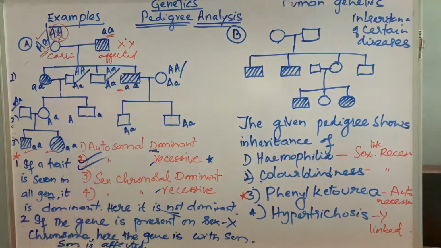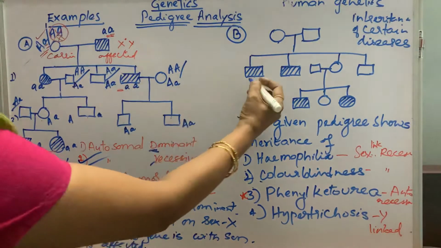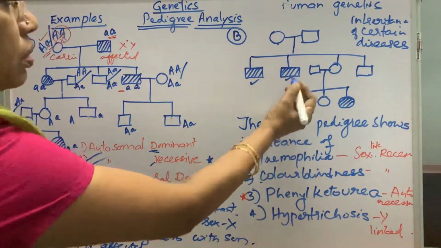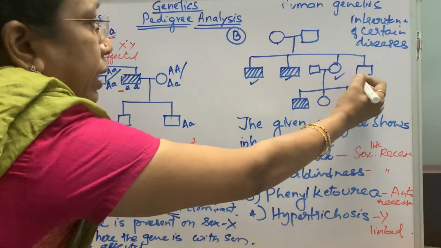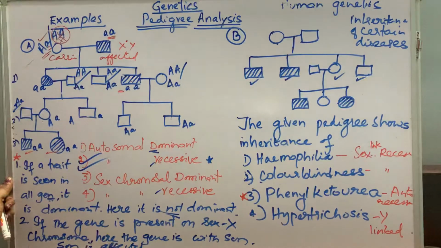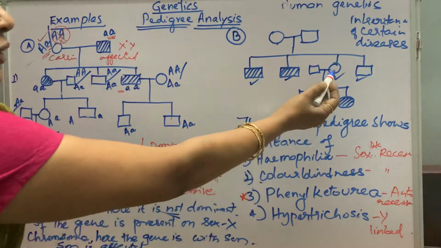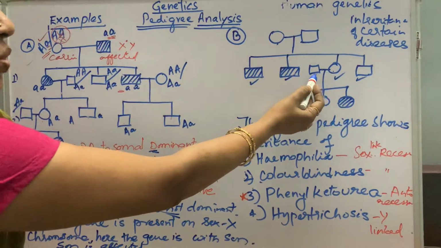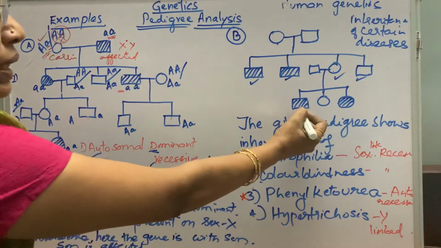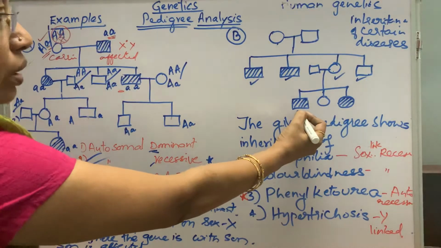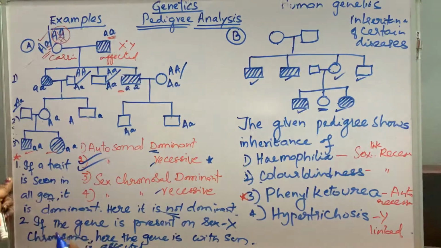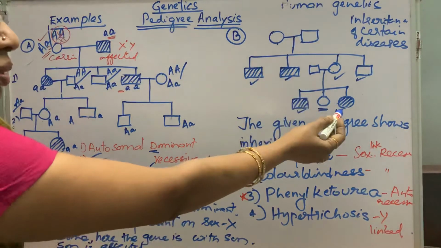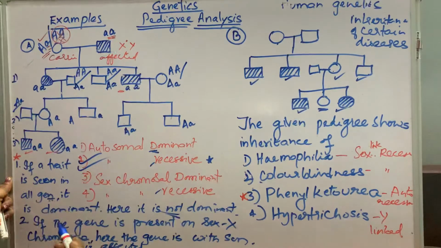Here the parents themselves are not affected, but they got affected sons, and an unaffected daughter and unaffected son. And if this unaffected daughter marries a man, the children are one affected son, one affected daughter and one unaffected daughter. That means here both sons and daughters are affected.